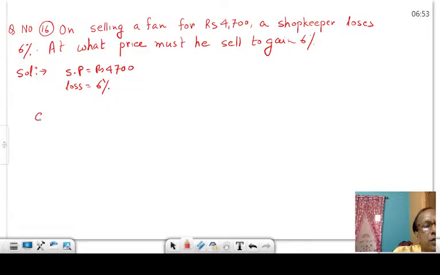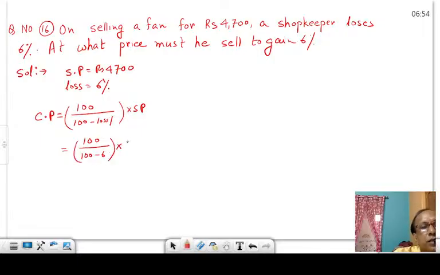We know that the formula for cost price is equal to 100 divided by 100 minus loss percent, into selling price. This is the formula to find the cost price. Therefore, we are getting 100 divided by 100 minus 6, into the selling price 4,700. 100 minus 6 is 94.